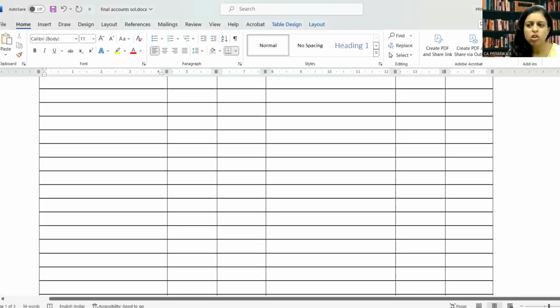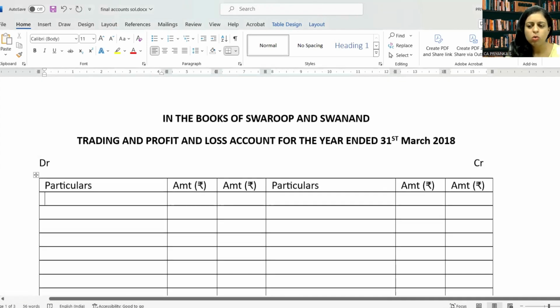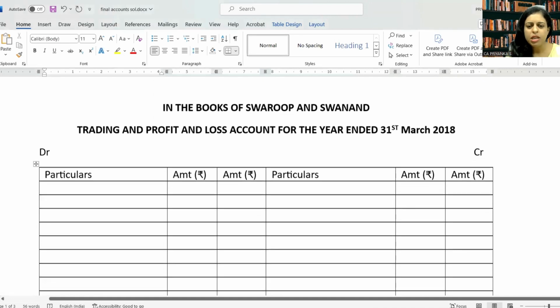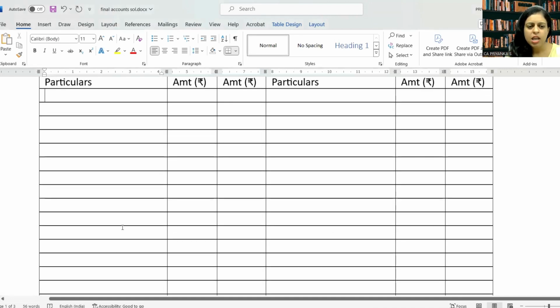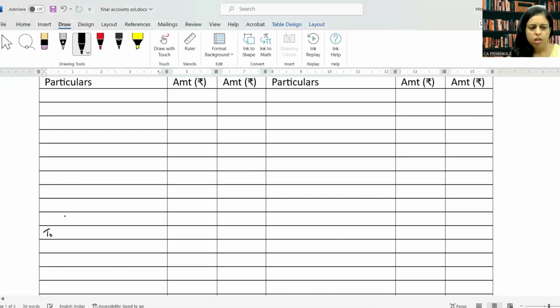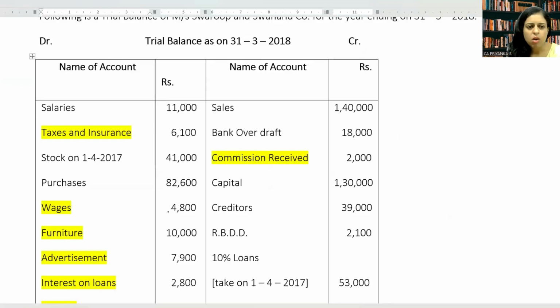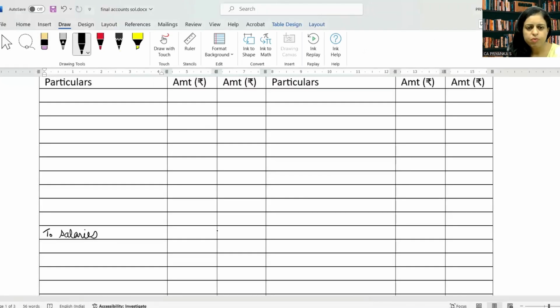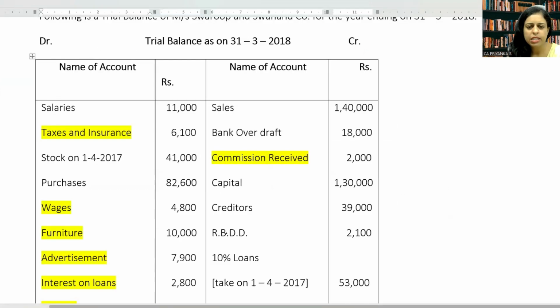See, trading profit and loss account is a single account. I'm going to leave some space for the trading account heads. And then from here, I can write the entries for the other parts. So salaries, I'm going to write here. Salary, how much is it? 11,000. If there is an adjustment, then I'm going to write in the inner column.